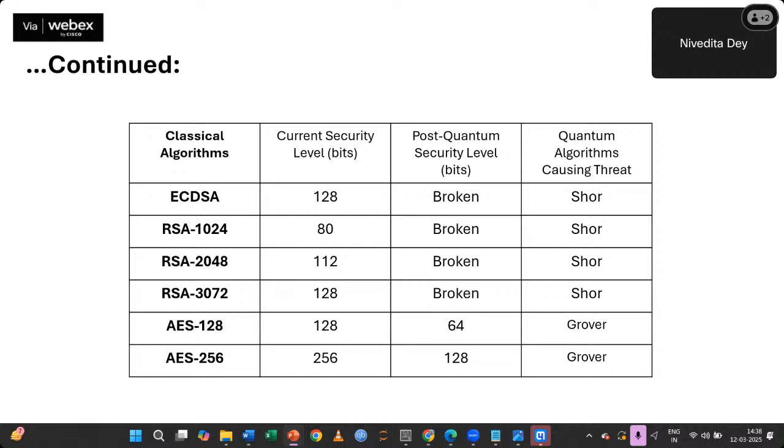Now, say I am an intruder or eavesdropper and I want to calculate the AES key. I'll be doing some sort of cryptanalytic attack, maybe a brute force attack on all 2 to the power 128 combinations.